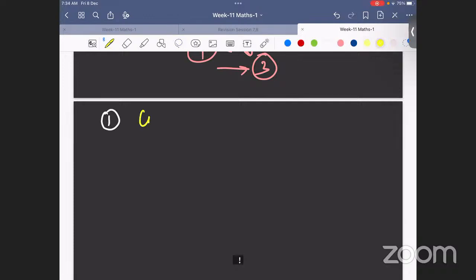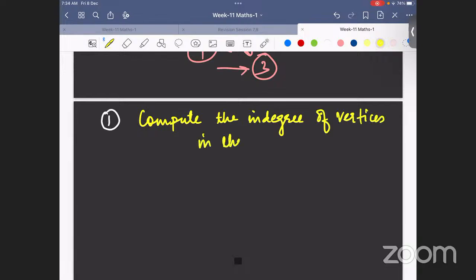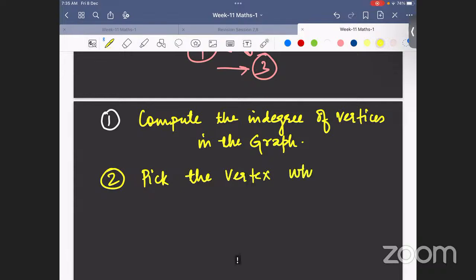You have to first compute the in degree of all the vertices in the graph. What is the second step? You have to pick the vertex which has 0 in degree.